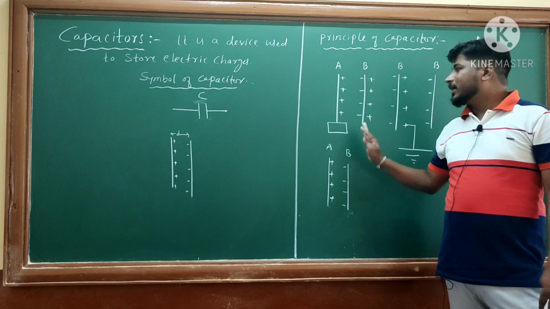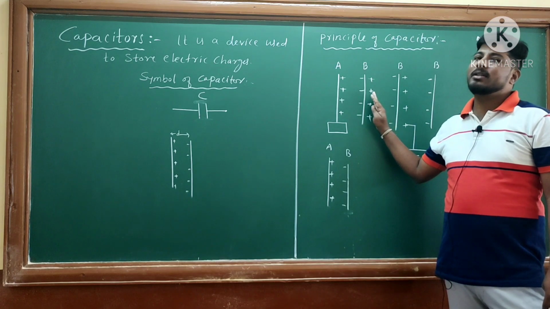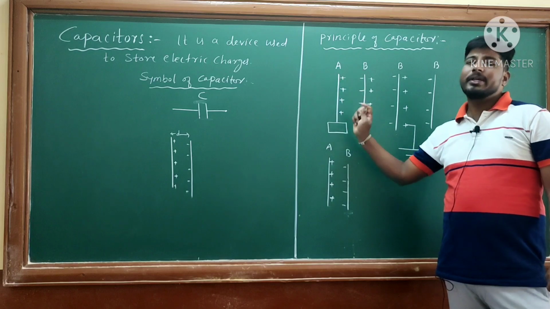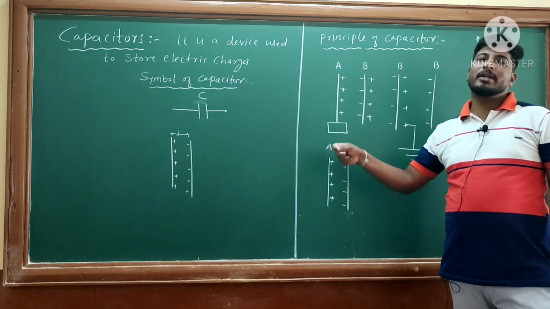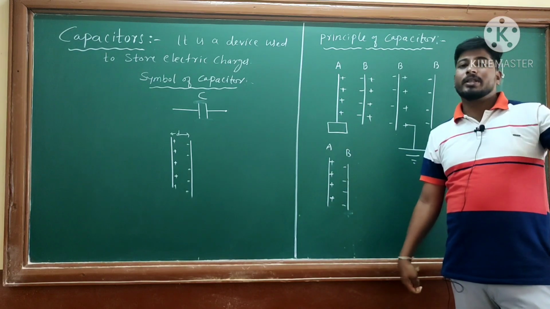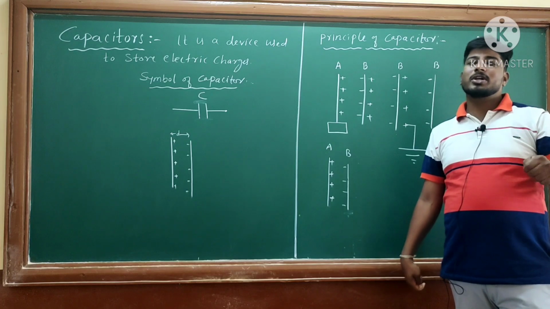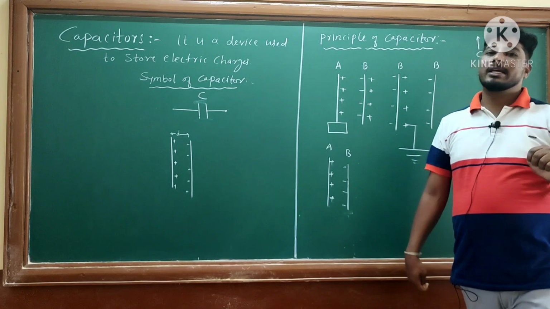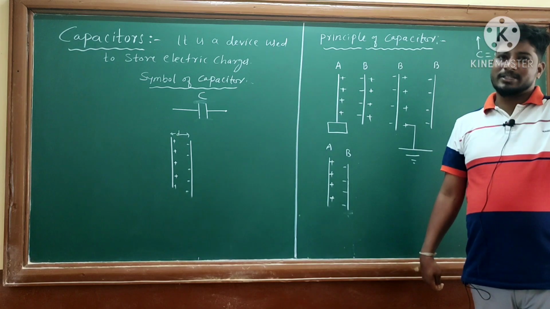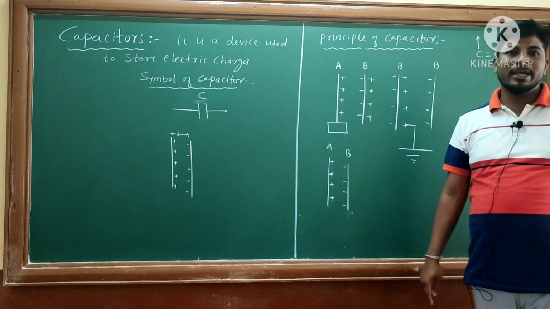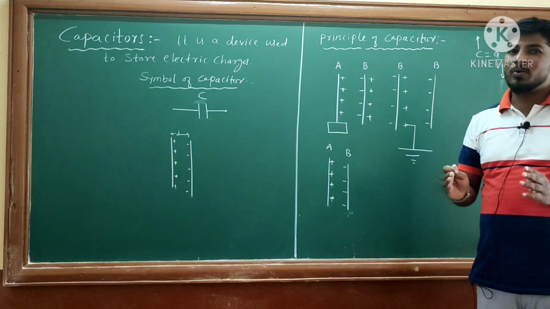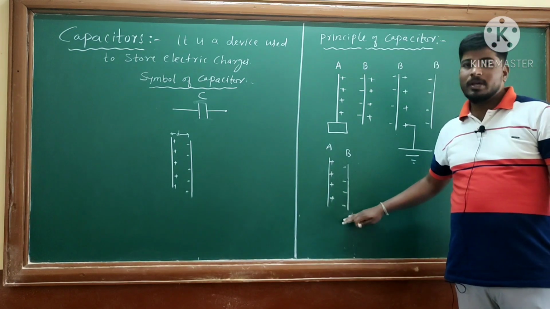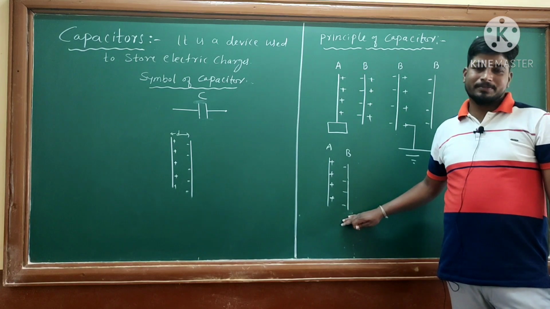By bringing an uncharged conductor close to the charged conductor, we can decrease the potential of that charged conductor. When the potential of the charged conductor decreases, its capacitance increases. So this is how we can store the electric charges in capacitors.